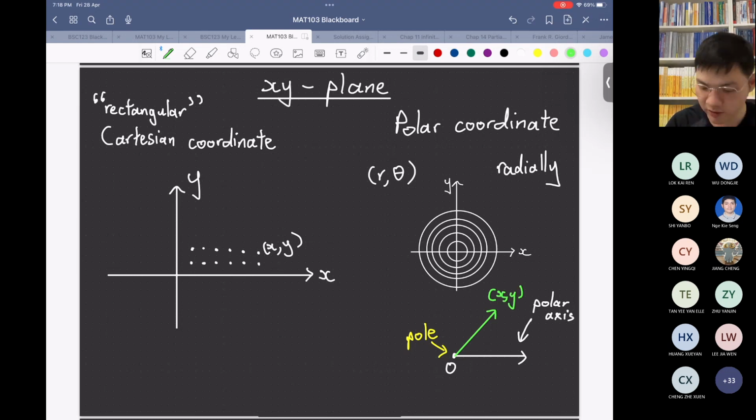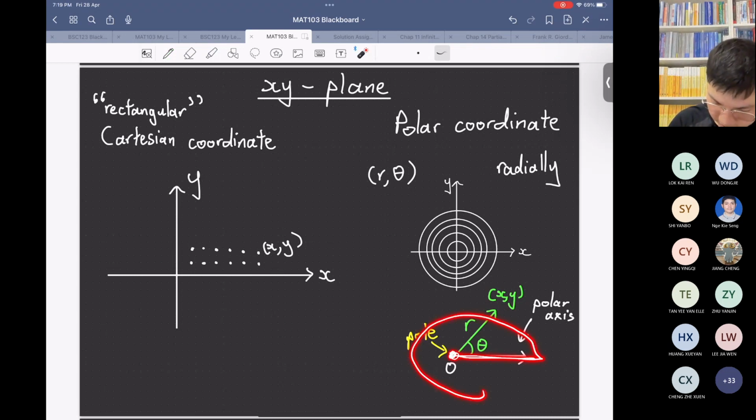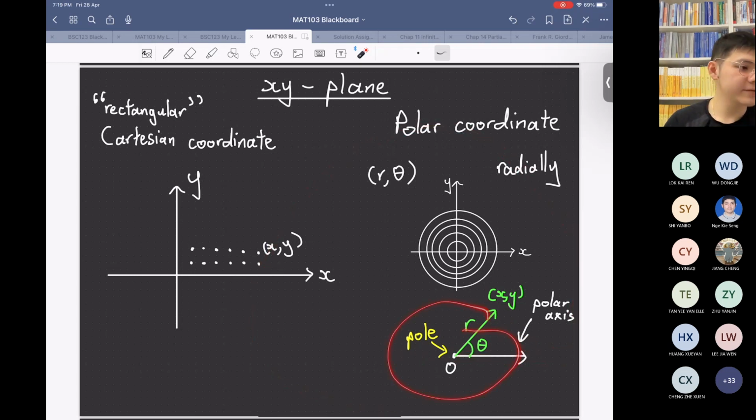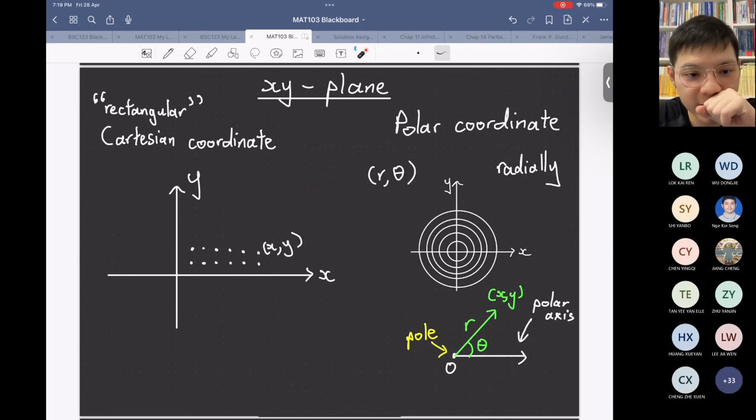This xy is characterized by the radius and the angle with the positive x-axis, which we call the polar axis. To think about this polar axis, you can think of the pump. When you pump the tire, the needle will move, but this radius here can grow as long as possible to cover the whole plane. Does it make sense? Anyone have any question here?